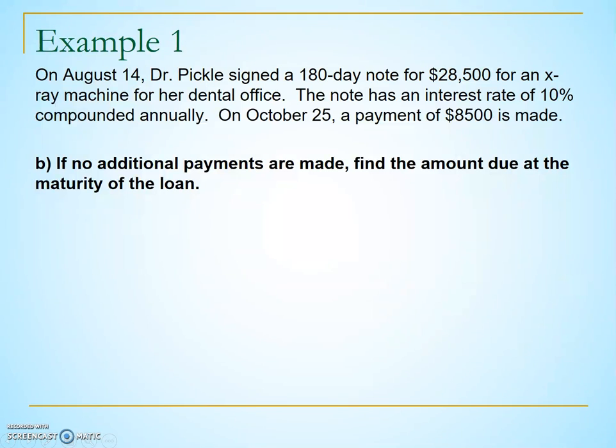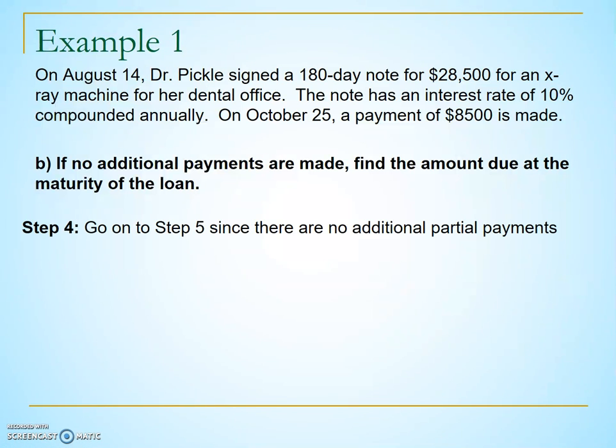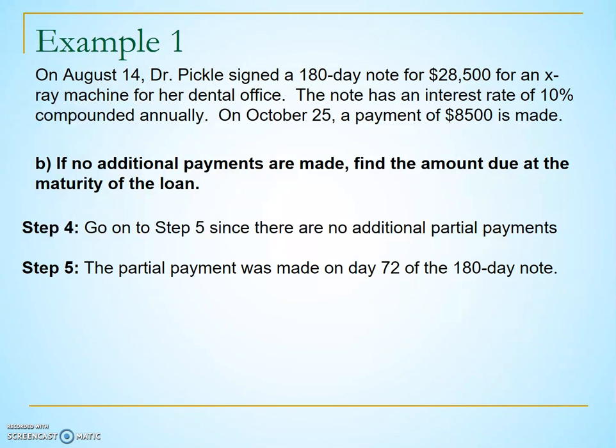Continuing on, if no additional payments are made, we can skip step 4 and proceed to step 5 to determine the amount due at the maturity of the loan. Since the partial payment was made on day 72 of the loan, this means that 108 days remain on the loan until the maturity date.